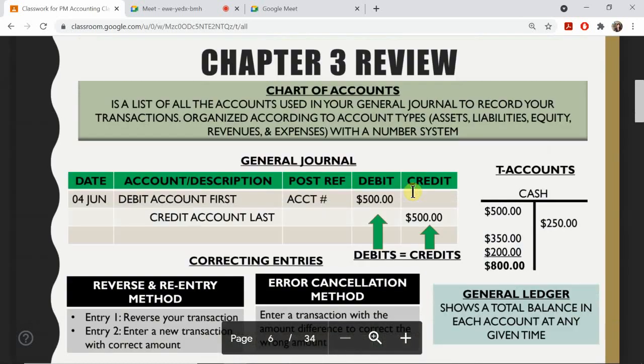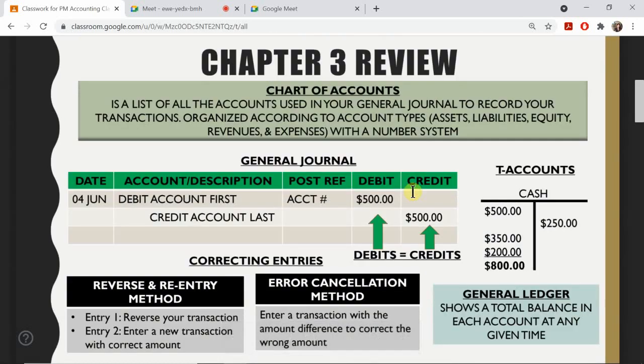As far as chapter 3 goes, I'm only going to test you basically on practicing how to journalize. So chapter 3 kind of expands into chapter 5, because I will be asking you questions on how to journalize periodic inventory. That's going to be your practice for this test.